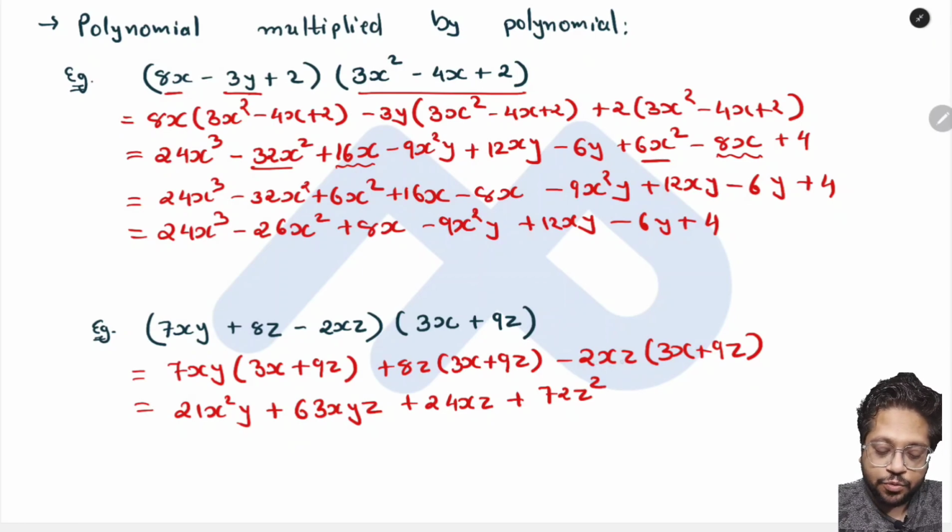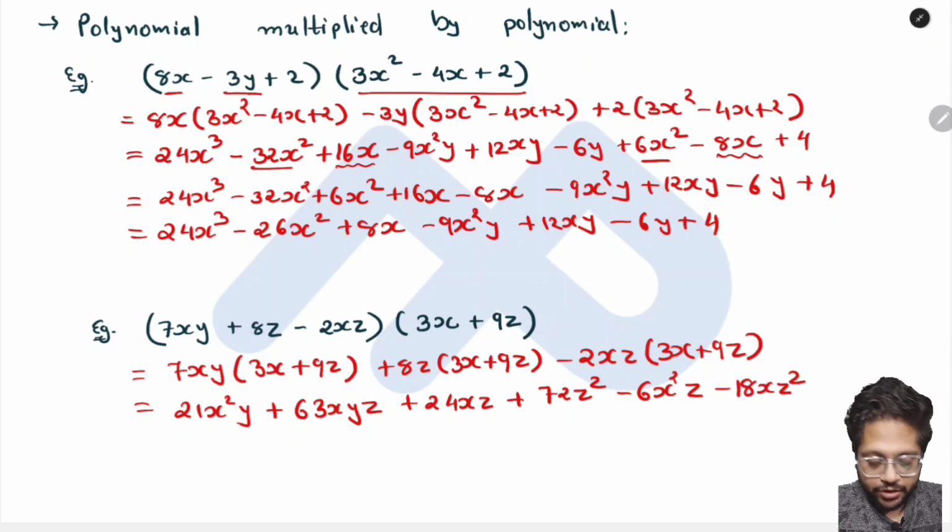Similarly, minus 2xz multiplied by 3x is minus 6x square z, and minus 2xz multiplied by 9z is minus 18xz square. So the expansion is done, the multiplication is done.